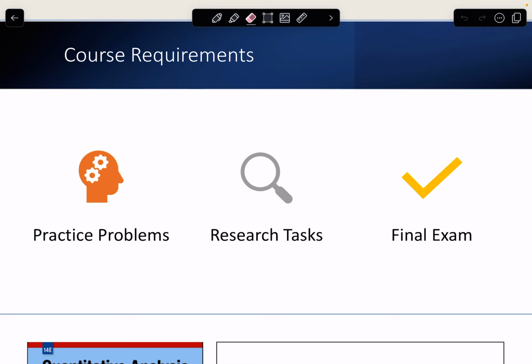Based on your findings, using the different problems that were provided to you, it would be in the form of a research type. And then afterwards, we'll have the final exam. So these are the course requirements for GS Optech.